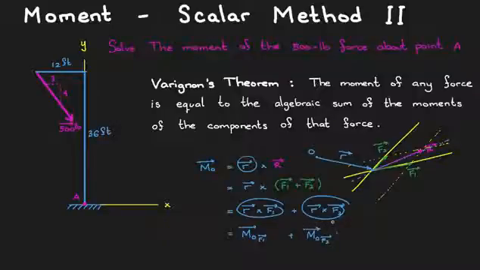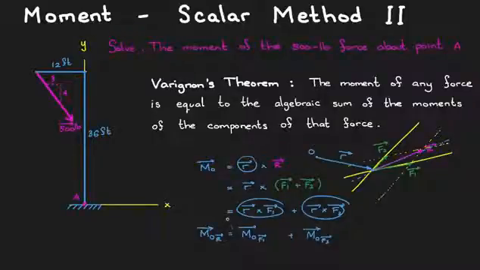According to Varignon's theorem, the algebraic sum of the moments of the two components, in this case F1 and F2, is equal to the moment about point O of the resultant. And this is what Varignon's theorem is all about.